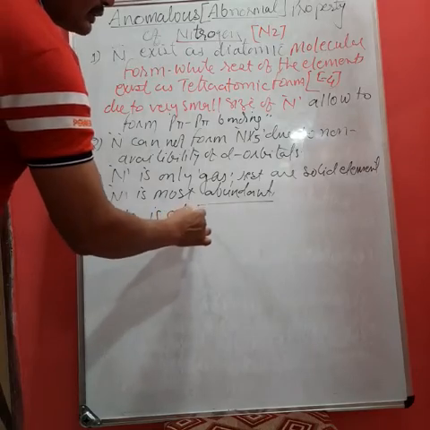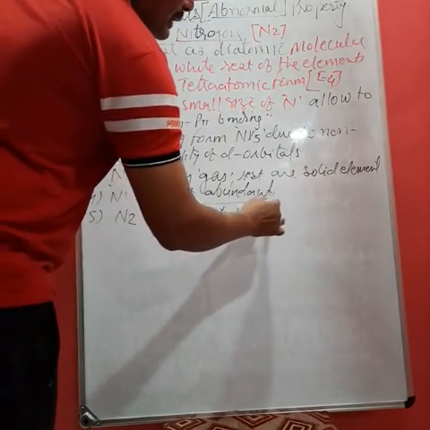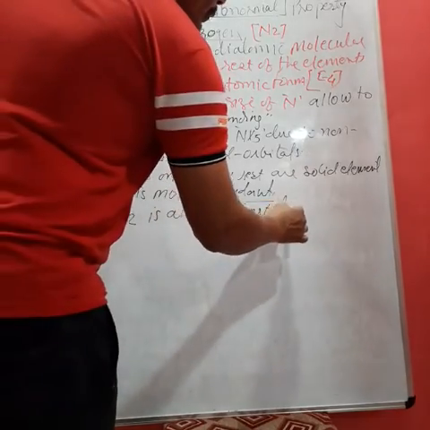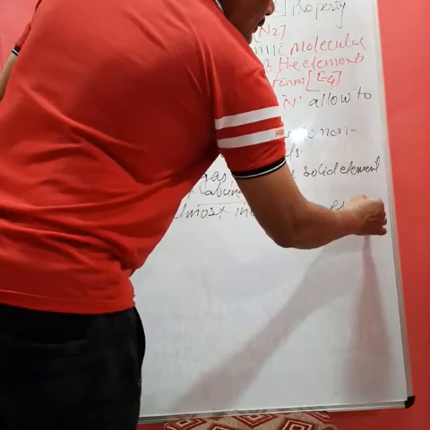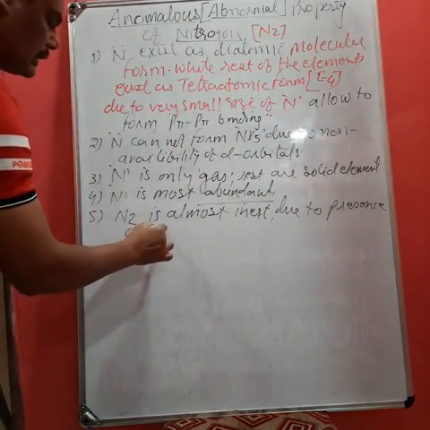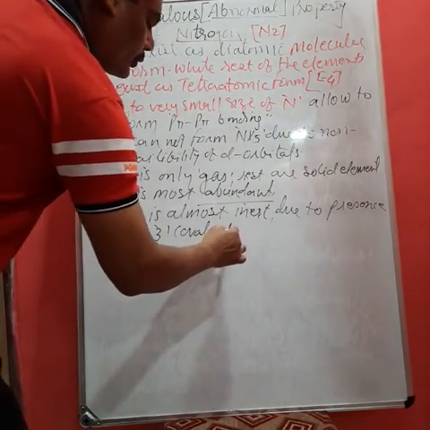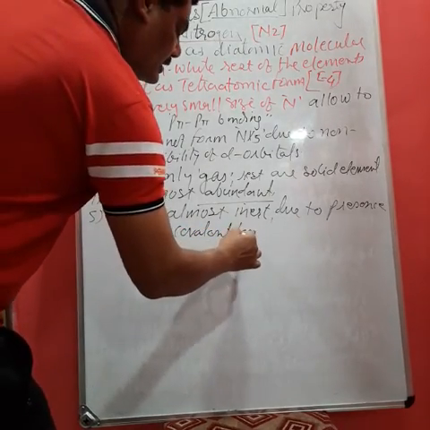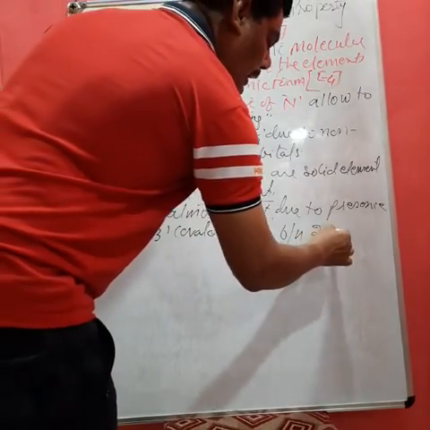Fifth, N2 is almost inert, due to the presence of three covalent bonds between two atoms.